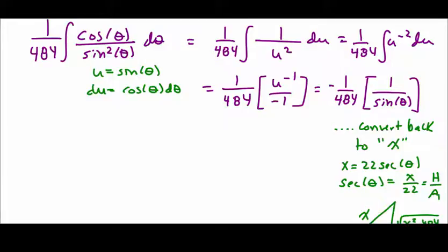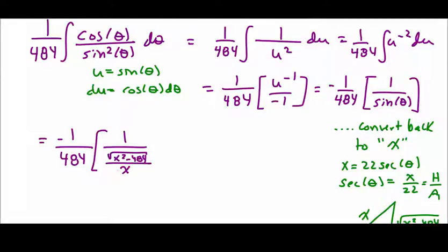So I come back up here and I have negative 1 over 484 times 1 over sine. Well, sine is opposite over hypotenuse. So my opposite leg to here would be that root x squared minus 484 over the hypotenuse, which is x. But we won't leave it like this.